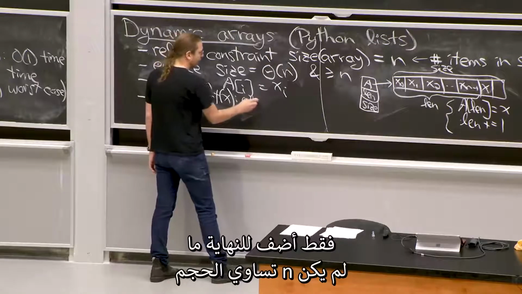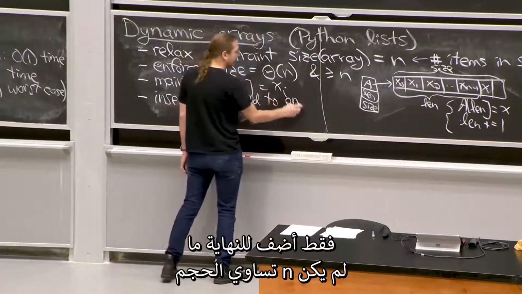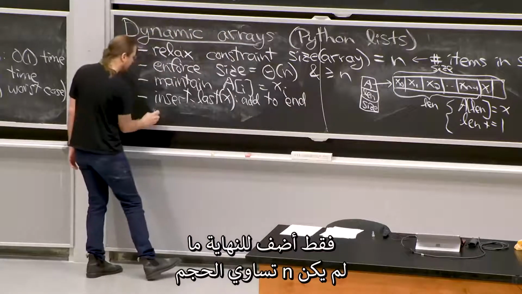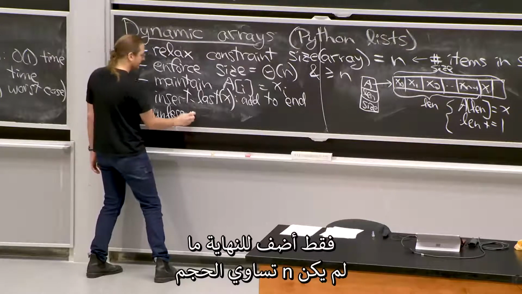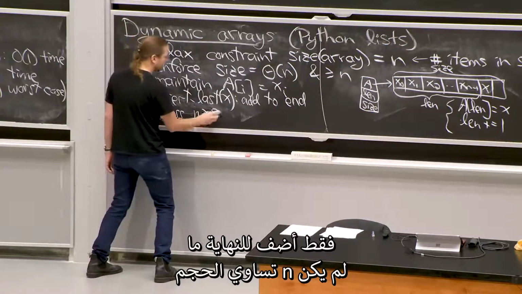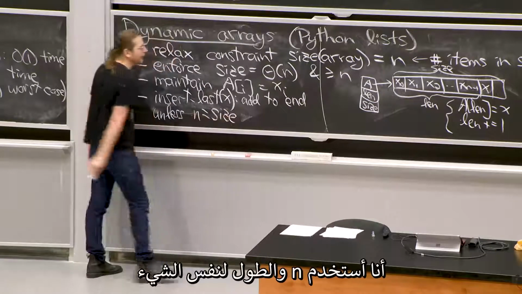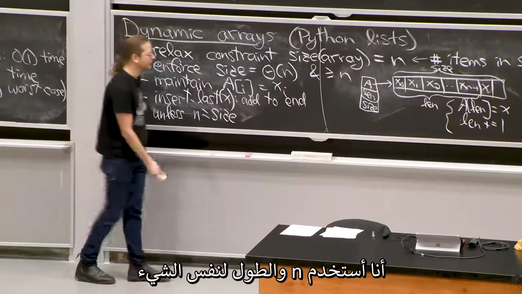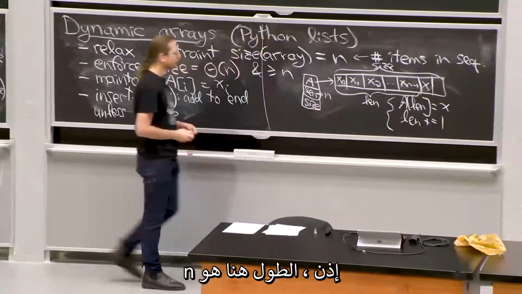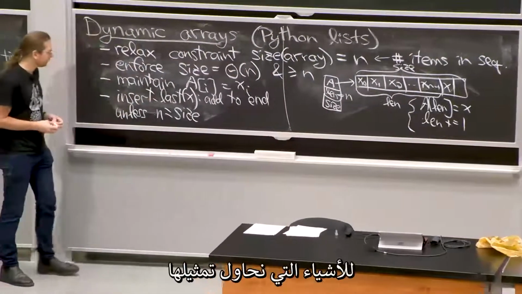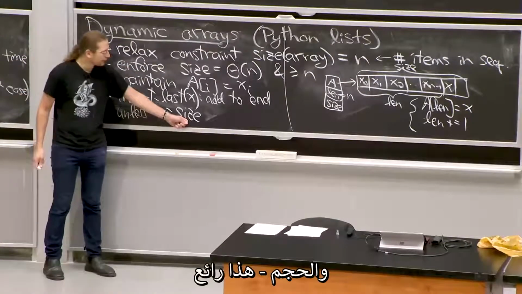Just add to the end, unless n equals size. I'm using n and length for the same thing. So length here is the same as n. That's our actual number of things we're trying to represent. And size, this is great.